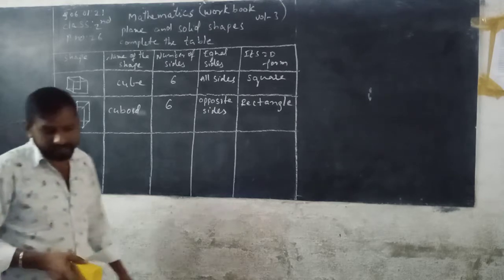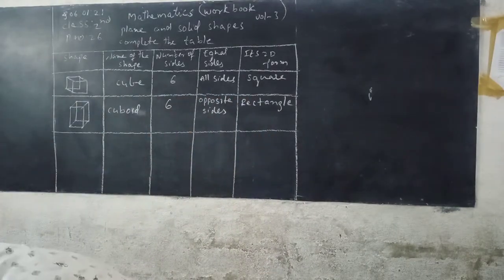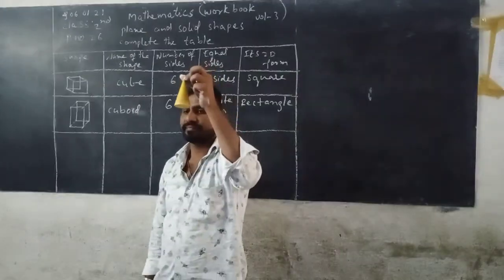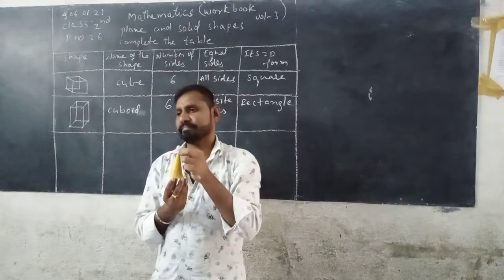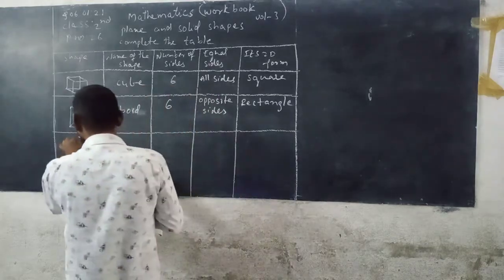Now next, beta, cone. So this is a cone, a 3D shape. Here the name is cone.